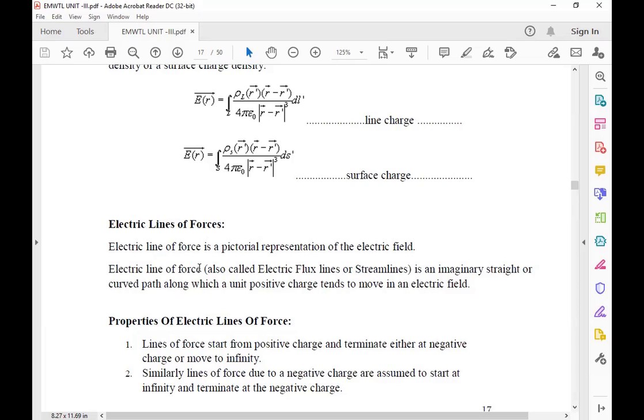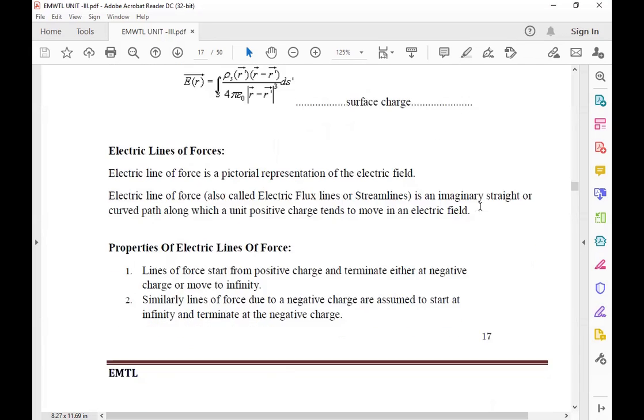An electric line of force is also called electric flux lines or streamlines. It is an imaginary straight or curved path along which a unit positive charge tends to move in an electric field. And it has some properties.